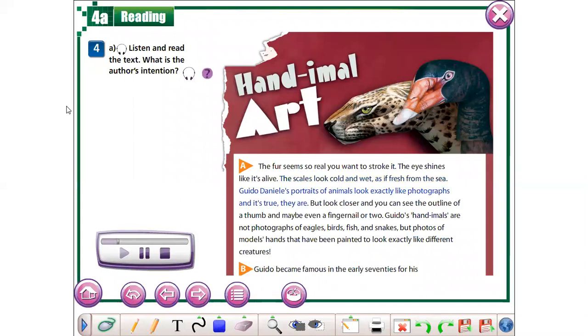Guido Daniele's portraits of animals look exactly like photographs, and it's true, they are. But look closer, and you can see the outline of a thumb, and maybe even a fingernail or two. Guido's handimals are not photographs of eagles, birds, fish, and snakes, but photos of models' hands that have been painted to look exactly like different creatures.